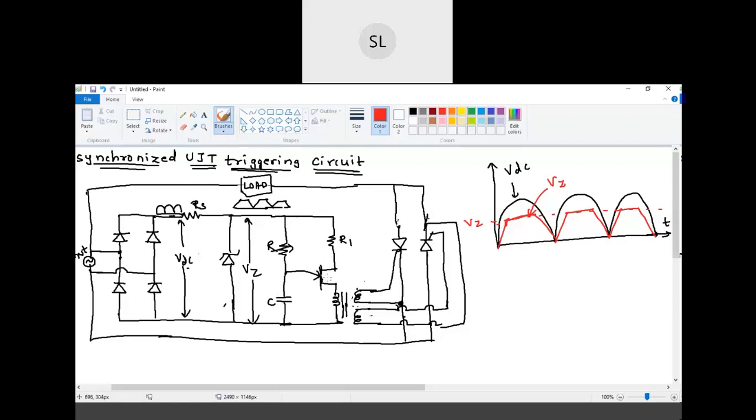As we know, the UJT will be turned on whenever the voltage across this capacitor reaches the peak point voltage, isn't it? That is, as soon as the voltage across the capacitor becomes equal to the peak point voltage of this UJT, it will be turned on.